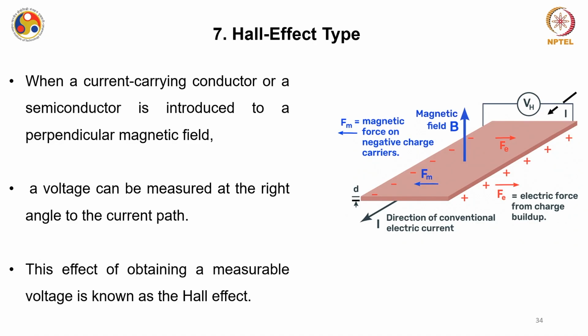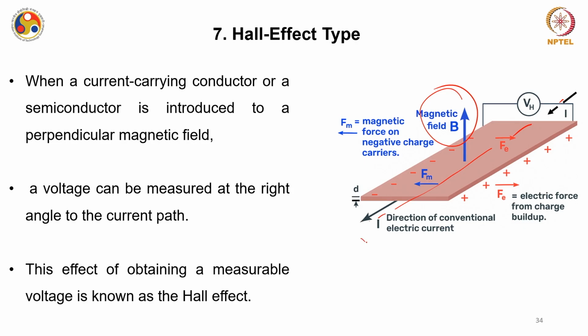Okay, the next kind of device that we are interested in is the Hall effect type. I have already given a brief idea about this. When a current carrying conductor or a semiconductor is introduced to a perpendicular magnetic field, something like this, a voltage can be measured at right angles to the current flowing path. This is the current flowing path as already shown over here.